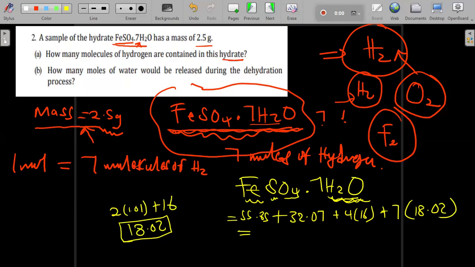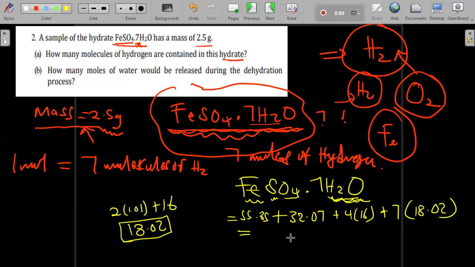When I add all that, I'm getting my molar mass of hydrated iron sulfate. Let me add. So we have 55.85 plus 32.07 plus 4 multiplied by 16, so that will just be 64, right?